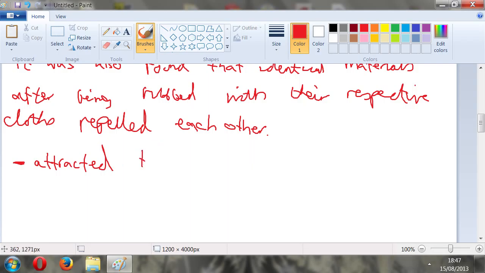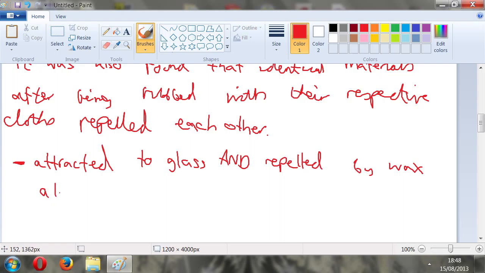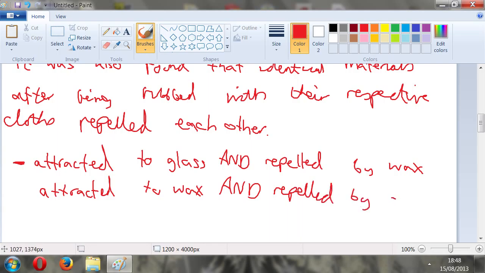They'll either be attracted to glass and repelled by wax, or attracted to wax and repelled by glass. These were the two scenarios that would happen, and there were no other scenarios. It's basically one or the other.